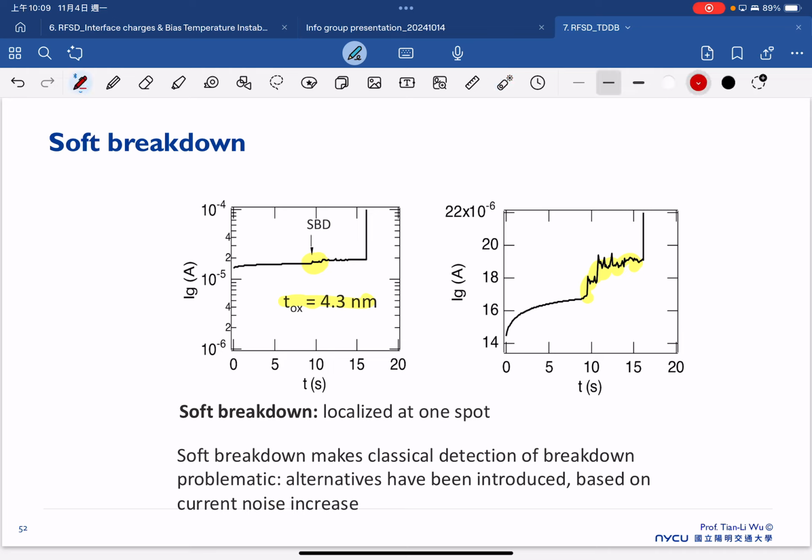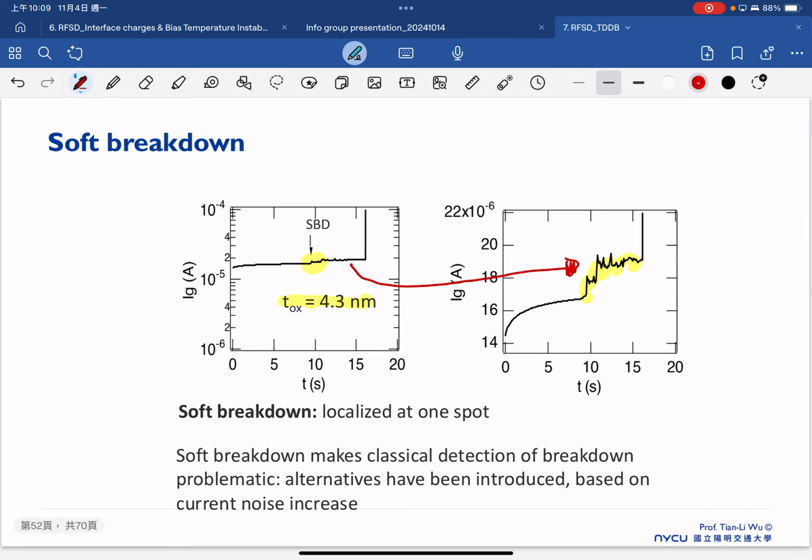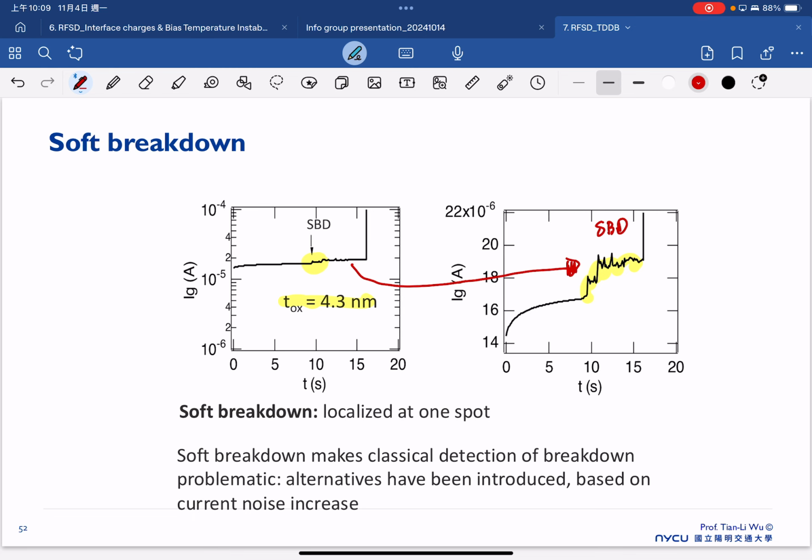Actually, if you zoom in, you will see a huge increase, and very obvious noise can already be observed here. So we define this as the time we call the soft breakdown time, T soft breakdown. And for sure, the last one is T hard breakdown.